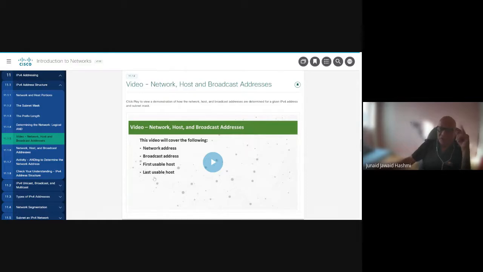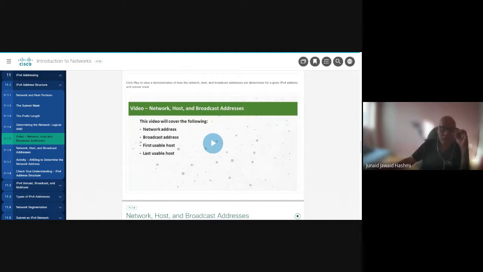All right. There's a very important thing about the broadcast address. The broadcast address is sent to all the hosts on the network. Then you have the first usable host and the last usable host, meaning the IP addresses that can be assigned to either a host or a router interface.